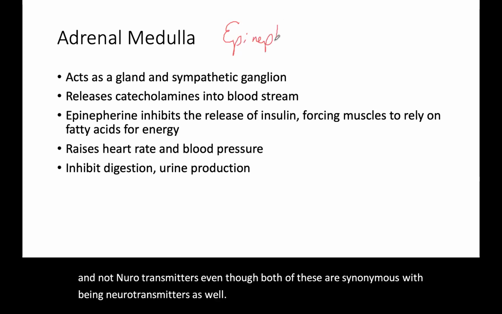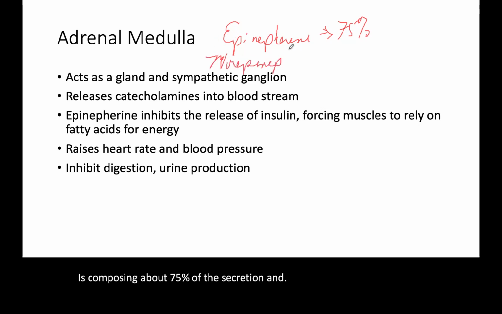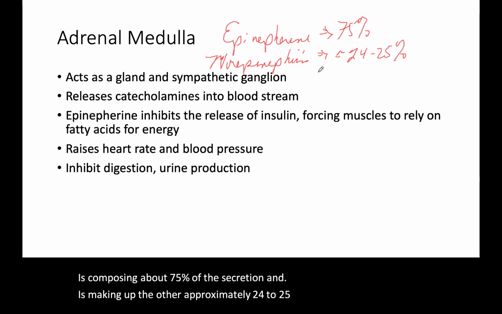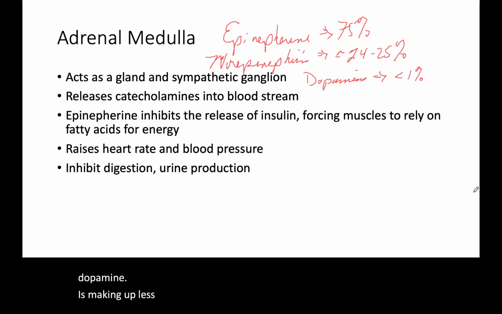Epinephrine composes about 75% of the secretion, and norepinephrine makes up the other approximately 24 to 25% of the catecholamines, and dopamine makes up less than 1% of the overall secretion coming out of the adrenal medulla.